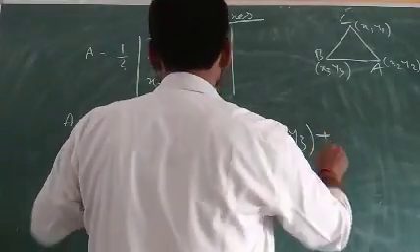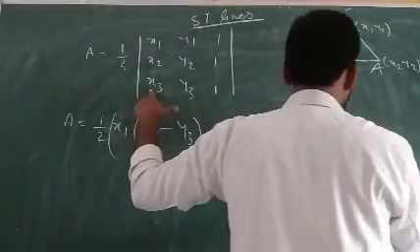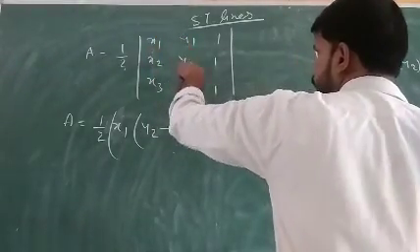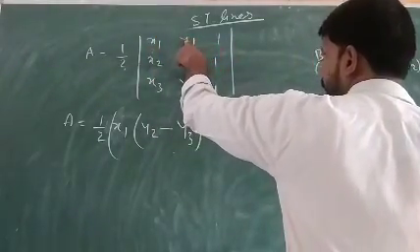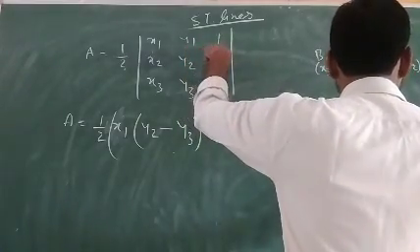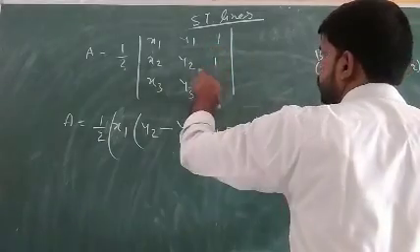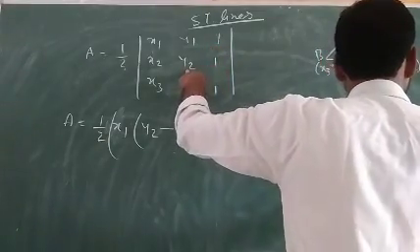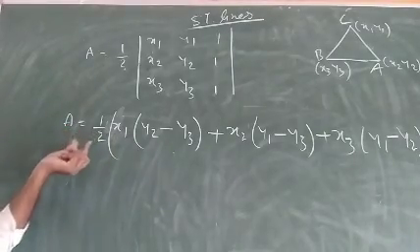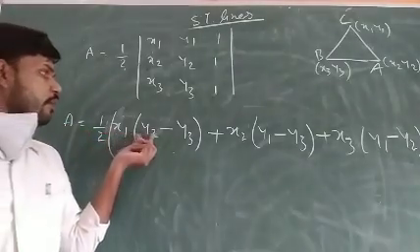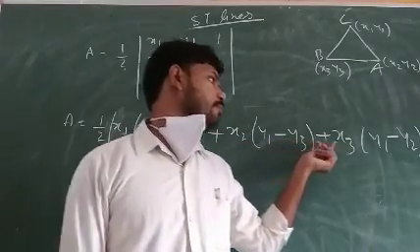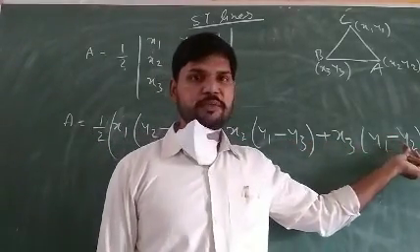And for x3, leaving its row and column, we have y1 into 1 minus y2 into 1. So the formula for the area is: Area equals 1 upon 2 times [x1(y2 - y3) + x2(y3 - y1) + x3(y1 - y2)].